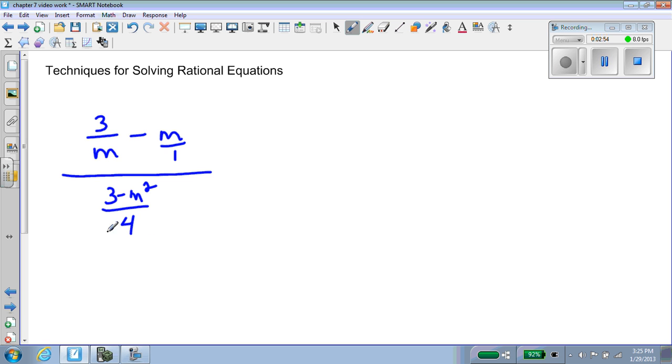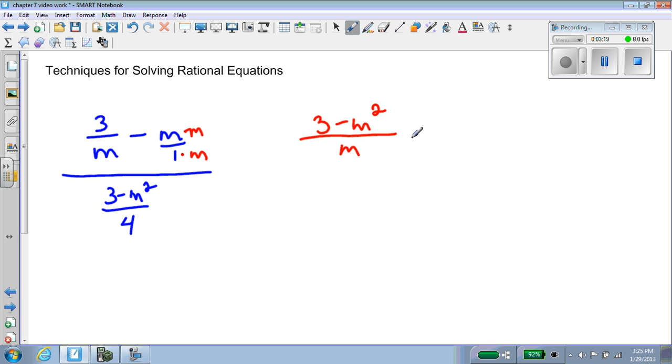In this case, my denominator is already a single fraction, but my numerator is two fractions. So the common denominator would be m, so I need to multiply top and bottom of this second fraction by m. So I'm going to get 3 minus m squared over m, right?